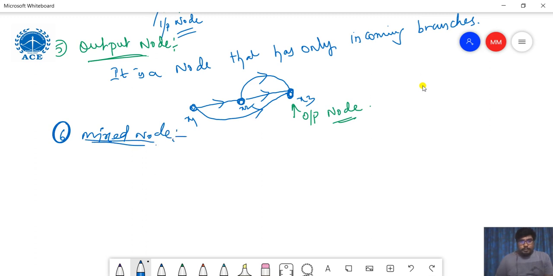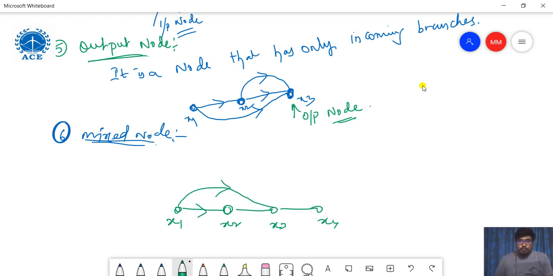Okay, mixed node means what? The node which contains, suppose, x1, x2, x3, x4, these are the four nodes. These are the branches moving from one node to another node, for example.